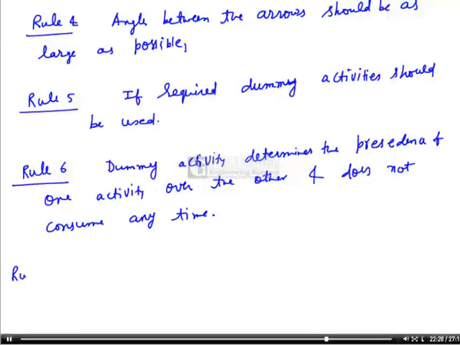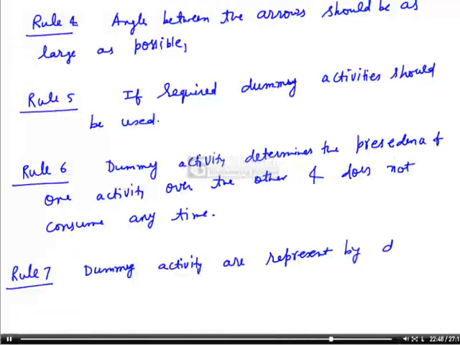Now rule number 7. Dummies are generally represented by dotted lines. So dummy activities are represented by dotted lines. If anywhere such an activity is there, it will be called a dummy activity.